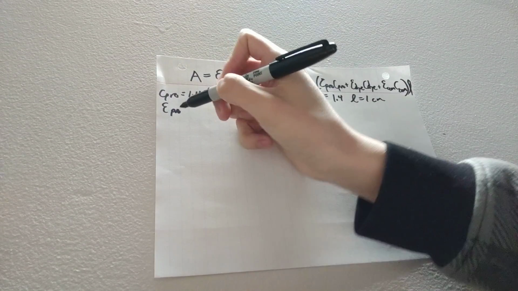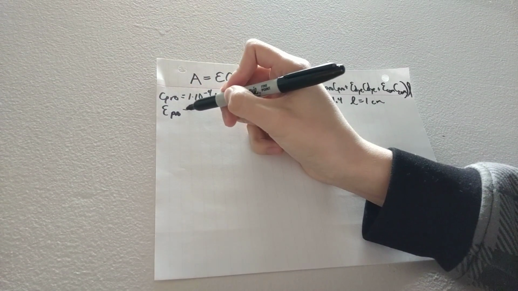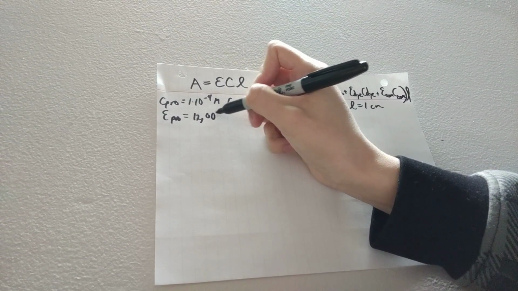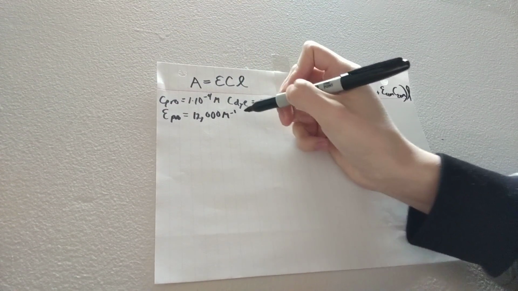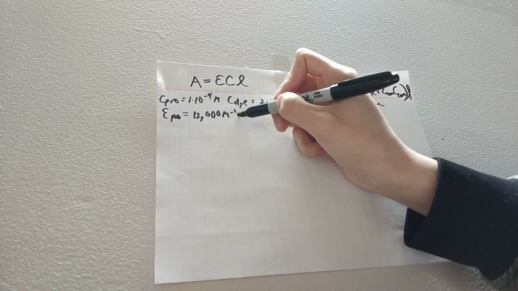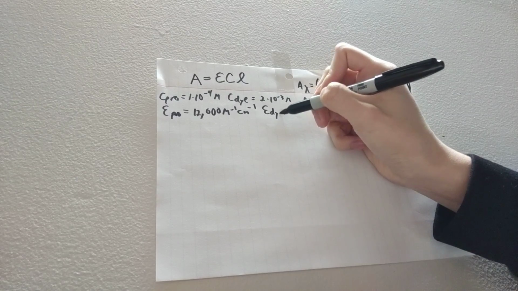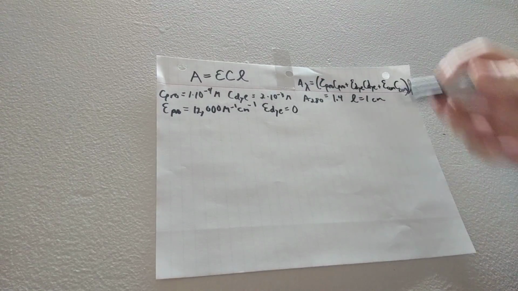Extinction coefficient of the protein at 280 nanometers is 12,000 per molar per centimeter. Extinction coefficient of the dye is equal to 0.